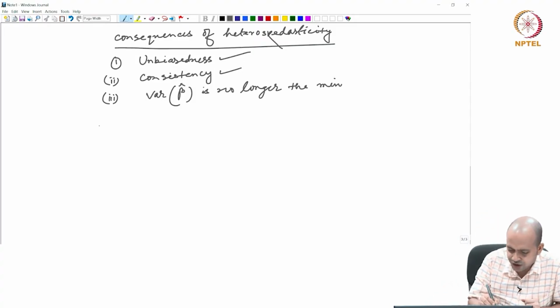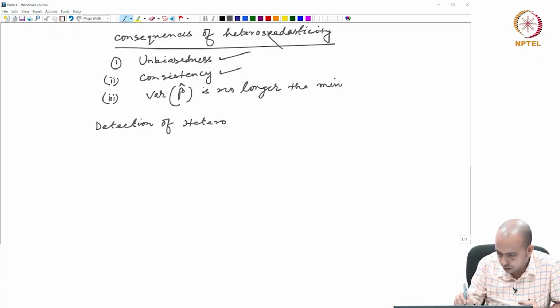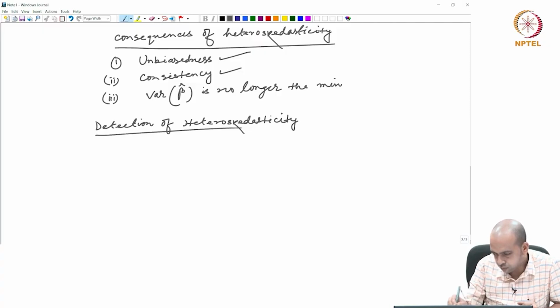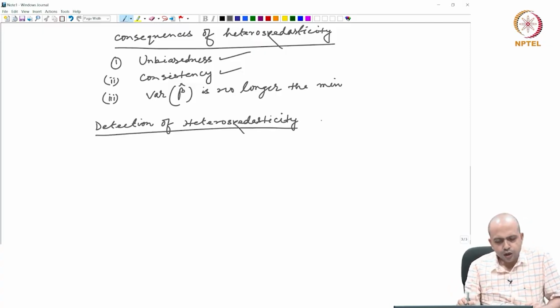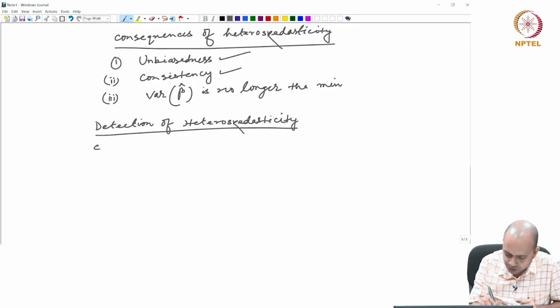So, I will write detection of heteroscedasticity. So, you can detect heteroscedasticity by some graphical measures. What does it mean? Graphical measure.